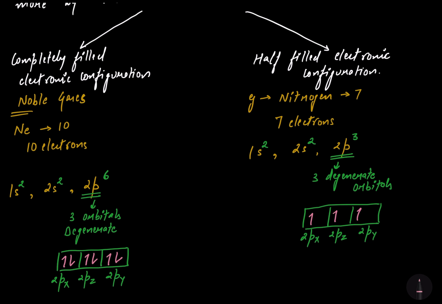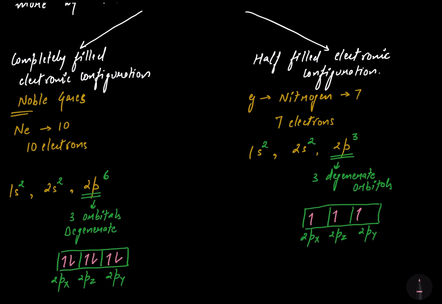That's why it's stable, because of least inter-electronic repulsive forces, as the 3 electrons are in different orbitals of the 2p subshell.